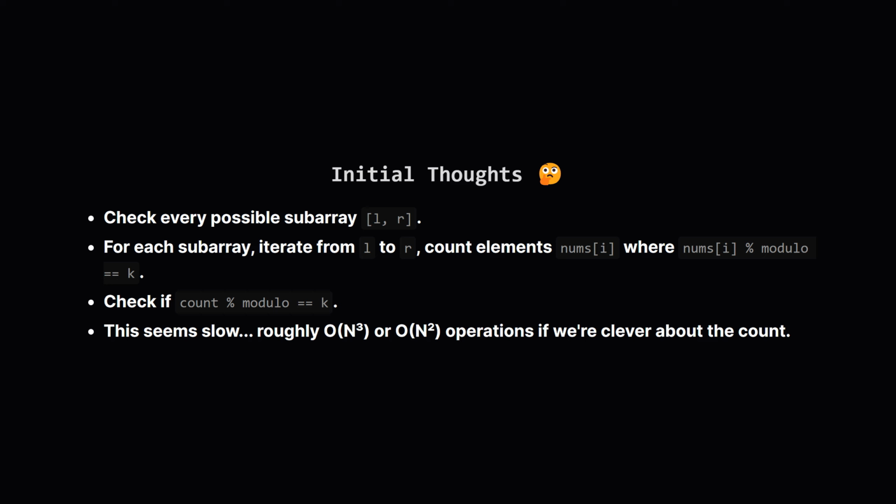But how many subarrays are there? If the list has n items, there are about n squared divided by 2 subarrays. And checking each one might take up to n steps to count the special elements. That sounds like it could get really slow, maybe order n cubed, or if we optimize the counting a bit, order n squared. For large inputs, this probably won't be fast enough. We likely need a more clever approach.